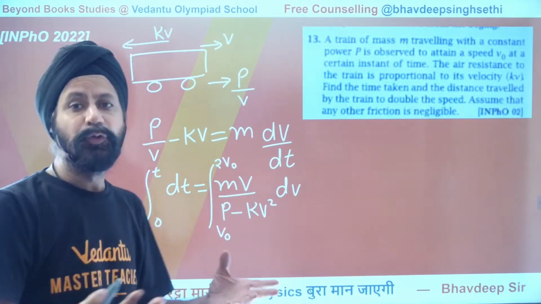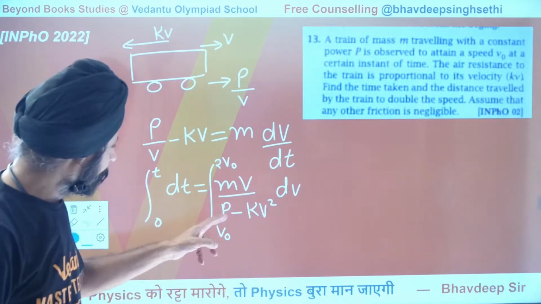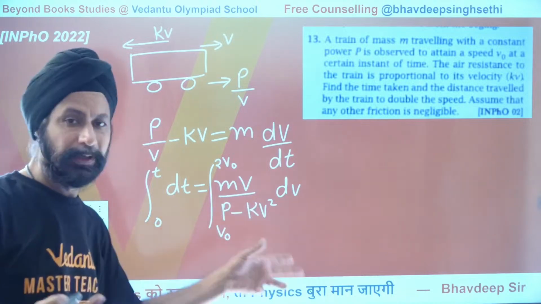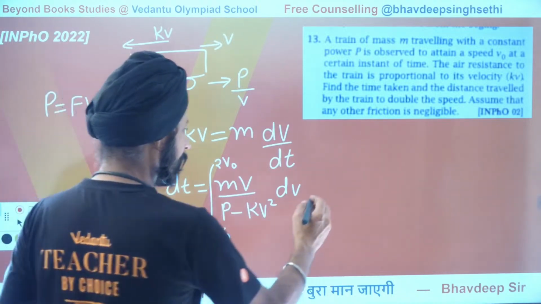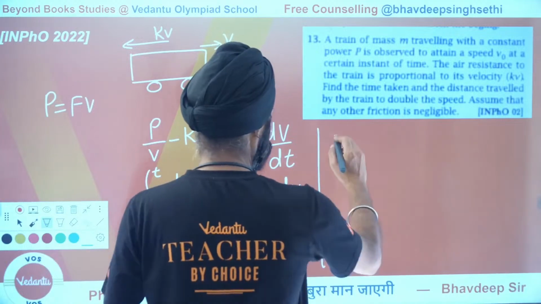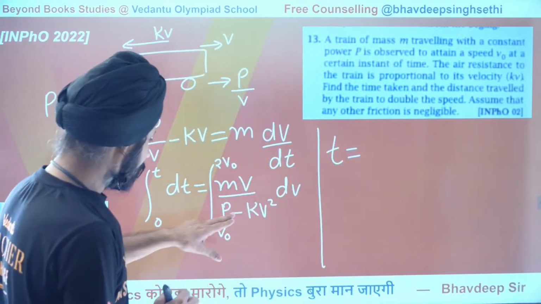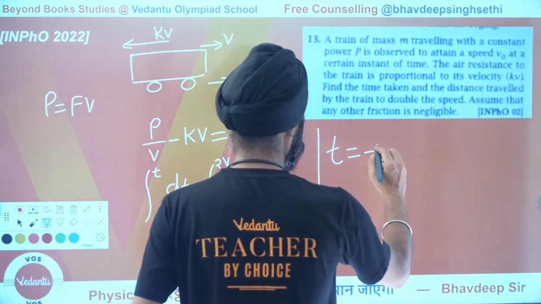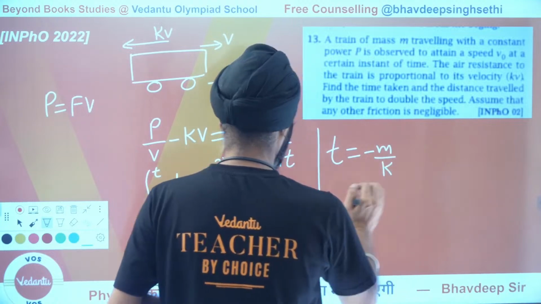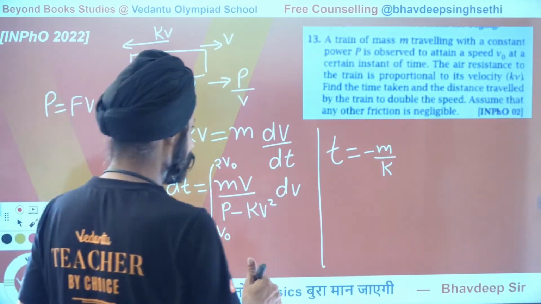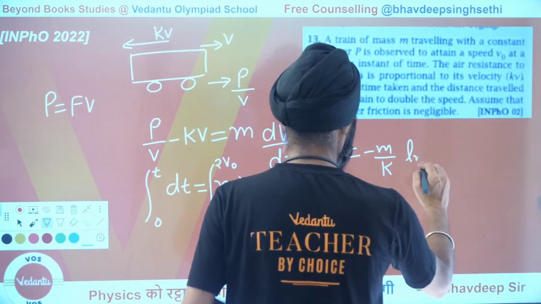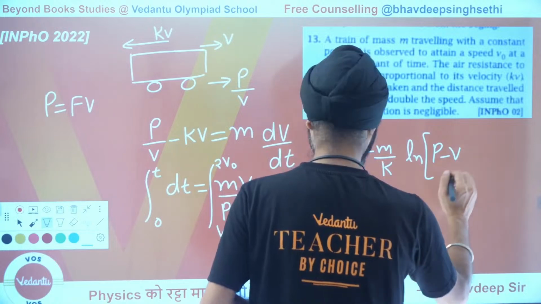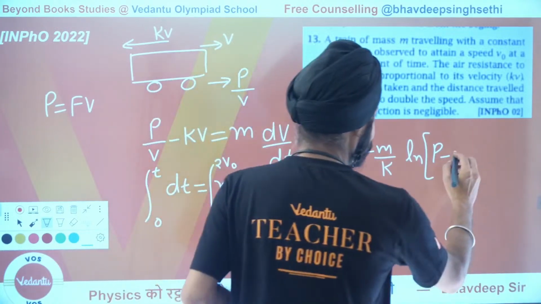This side will give you t, right? t minus 0 is t. And you can substitute this for some value, let's say u, and do the derivative. What you're going to get is t is equal to minus m over 2k, and because this is v, you can use the substitution, you get log of (P minus kv squared), and that is your answer.